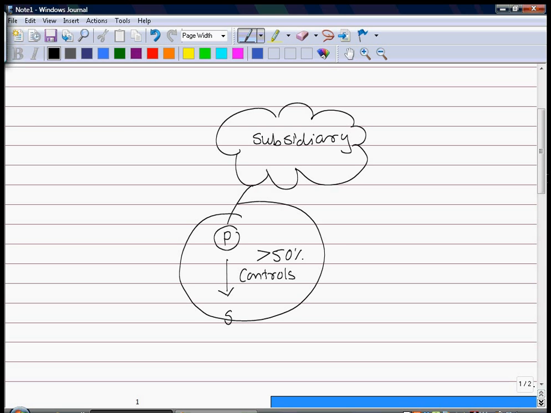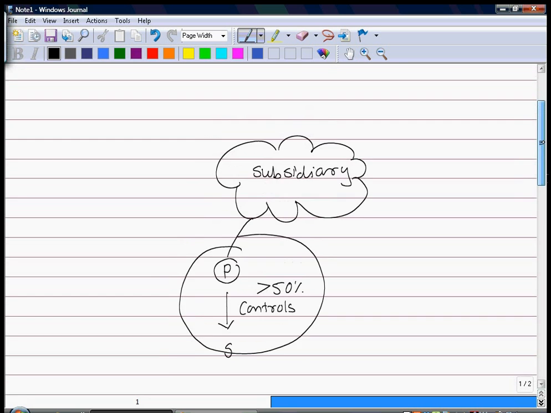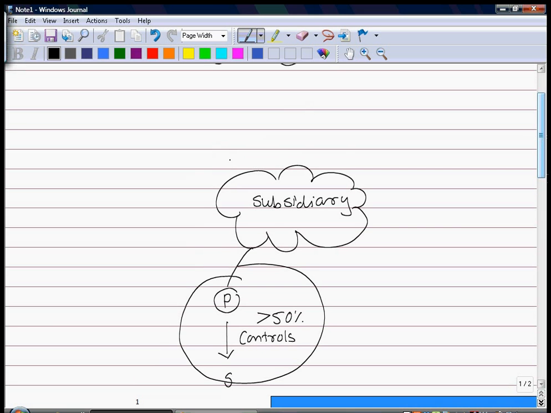So the parent and subsidiary will not prepare two separate accounts. Instead, they will be required to produce joint financial statements known as consolidated financial statements.